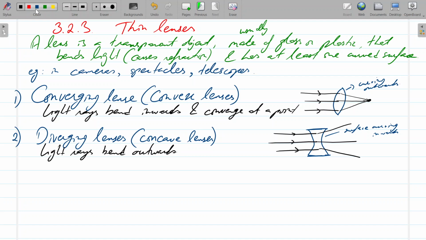Now, remember we talked about virtual images. What's happening over here is that the light is diverging, so it's spreading out. Light bends outward, it spreads.